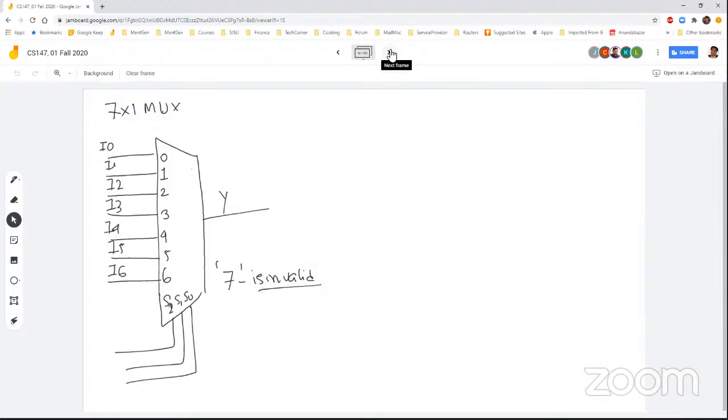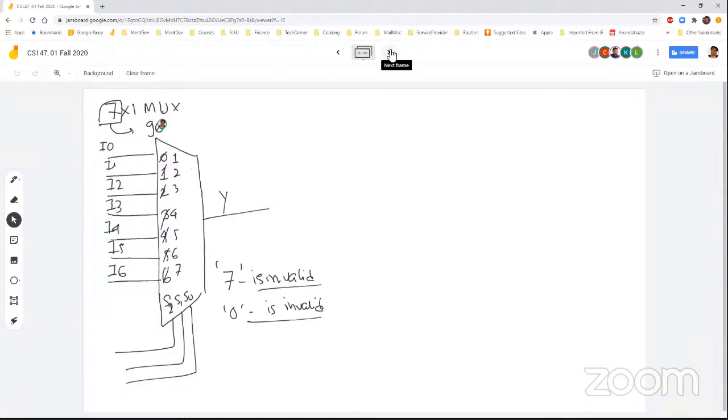Or we can do it the other way, starting from 1, 2, 3, 4, 5, 6, 7, and in that case 0 is my invalid selection for this mux. However, in standard, this generally comes as a power of 2.